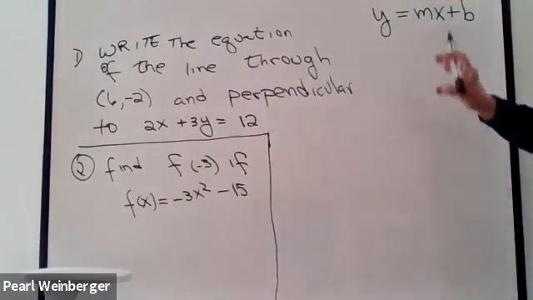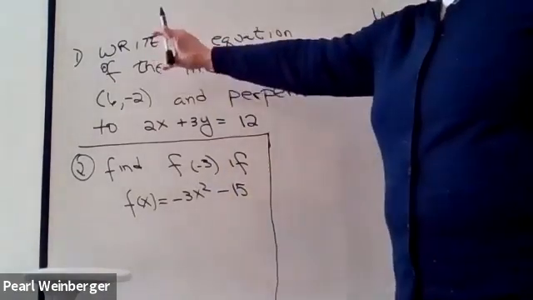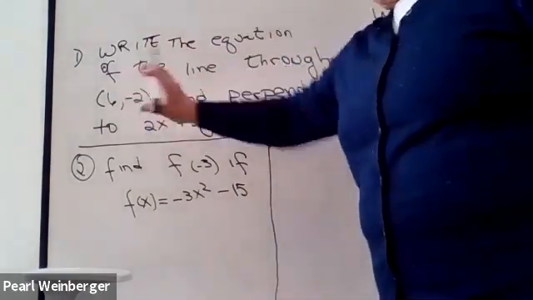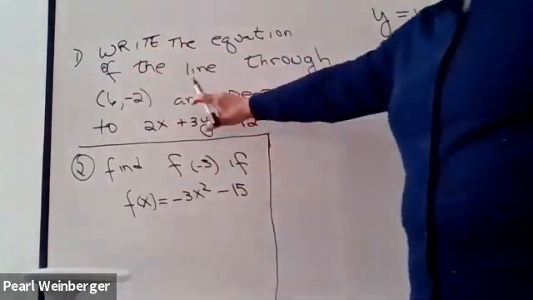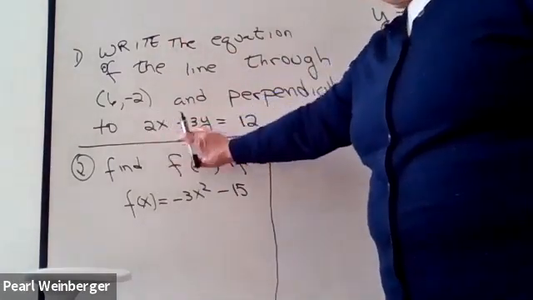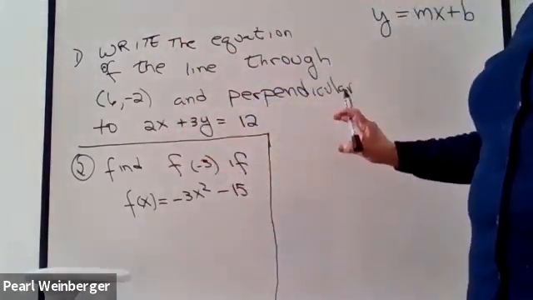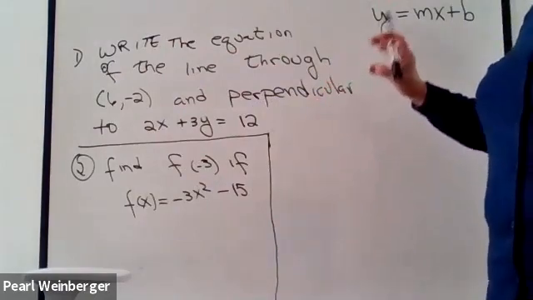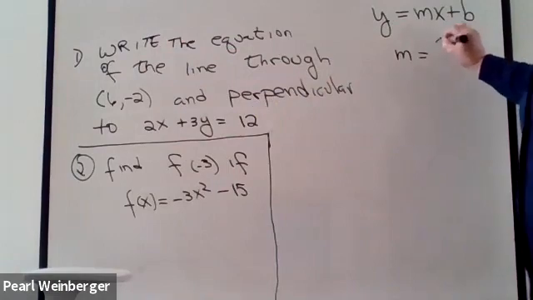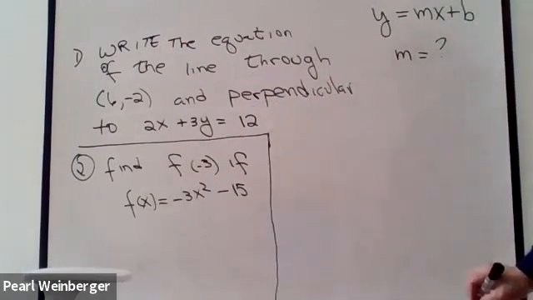Okay. So when I read this, it says write the equation of the line through the point (6, -2) and perpendicular to the line 2x plus 3y equals 12. Now, I always want to work on the slope first.